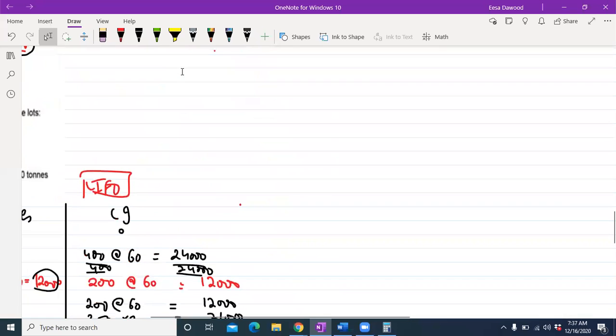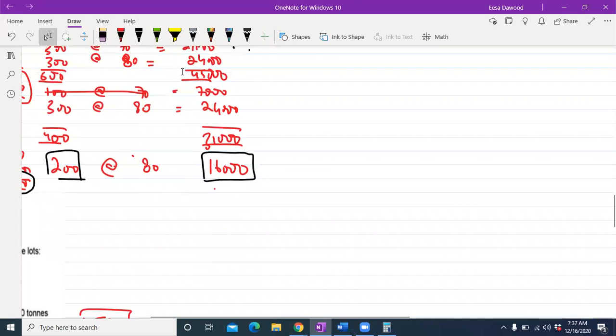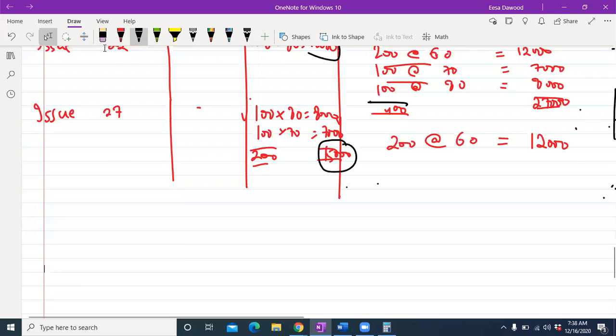Just bring the question down. Now we are going to do the cumulative weighted average methods. The two weighted average methods. One is the cumulative weighted average.